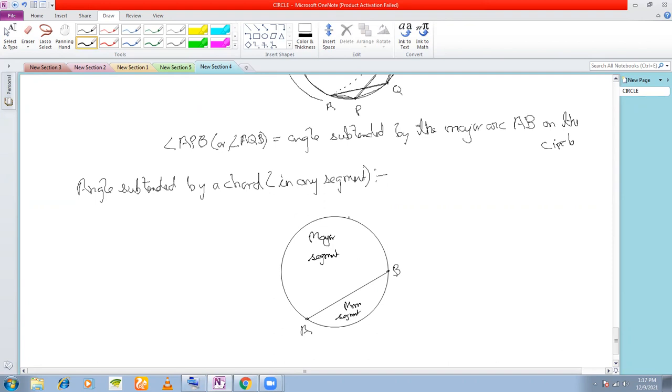Now if you take any point, let's say P, on the major segment, and you join these, then angle APB will be called the angle subtended by the chord AB on the major segment.